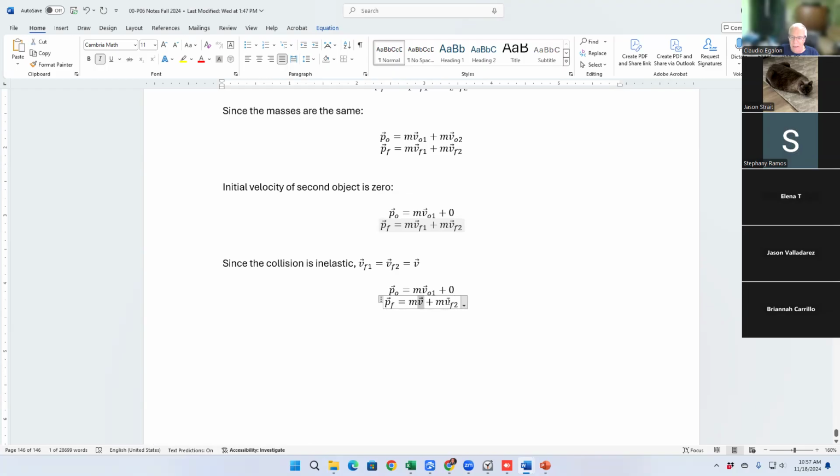I do not know what the final velocity is, but it is the same for both objects, so we are going to have 2mv vector like that.